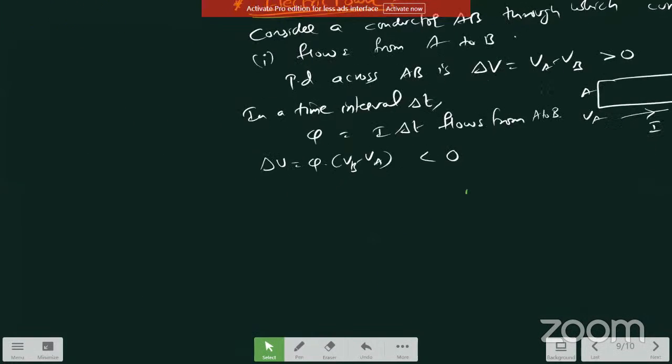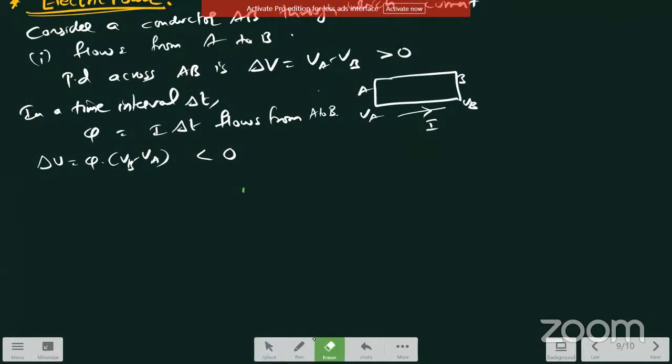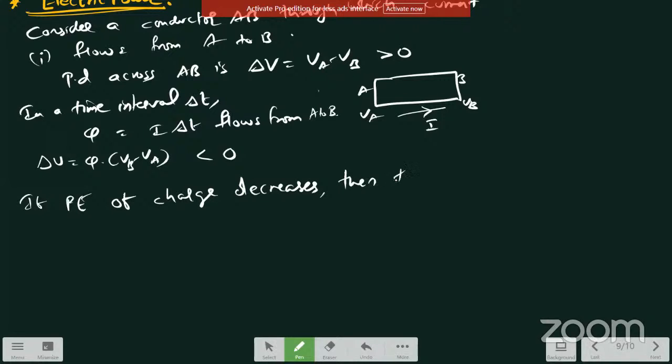Next, now hear me very carefully. These are my words, they are not copied from NCERT. If the potential energy of a charge decreases, then their kinetic energy would be expected to increase.